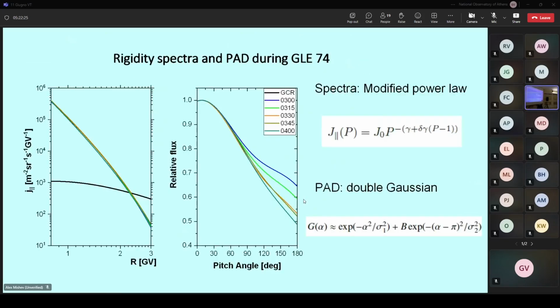So according to our analysis, the best fit was achieved using a modified power law rigidity spectrum with moderate hardness and notable roll-off. And most interestingly and importantly, the best fit is a double Gaussian, so particles arriving from the sun and also some contribution from the anti-sun direction.